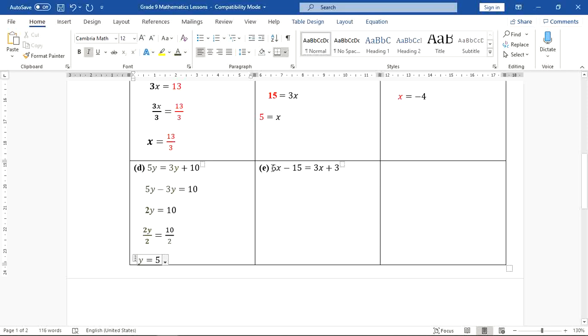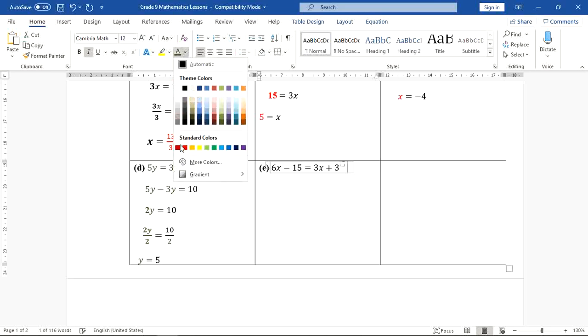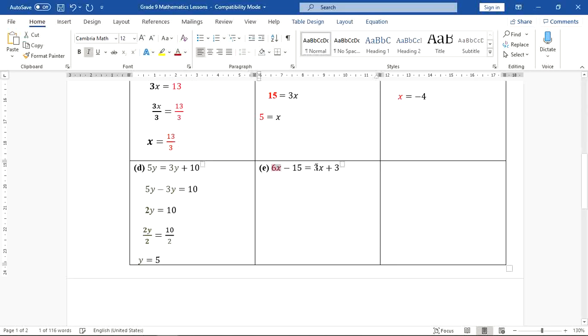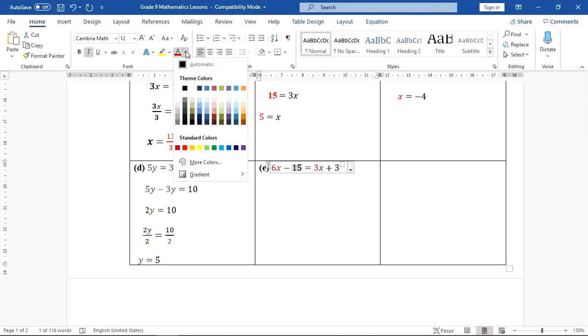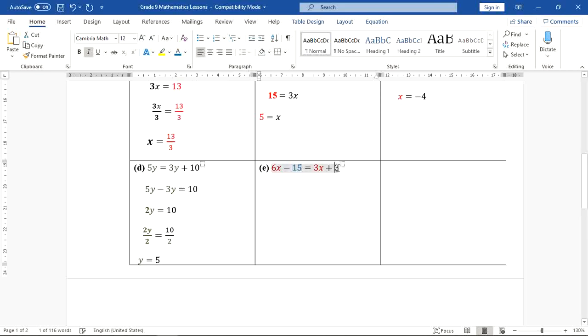So as we can see, 6x is a like term with 3x. And we can also say that 15 is a like term with 3. Okay, so 3x to the left and 15, we are going to move it to the right.